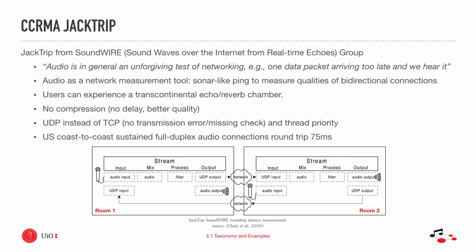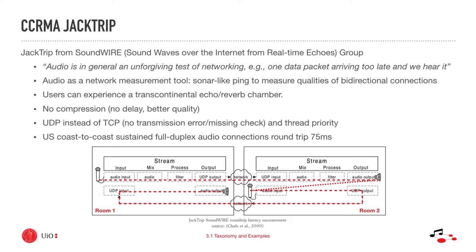They record a pulse on the microphone of the first room, which travels through the streaming system within the first room, going through the network, received by the streaming system of the second room, reproduced by a loudspeaker, captured back by a microphone in the second room, going back through the streaming system once again, going through the network, and then played back by the loudspeaker in the first room.